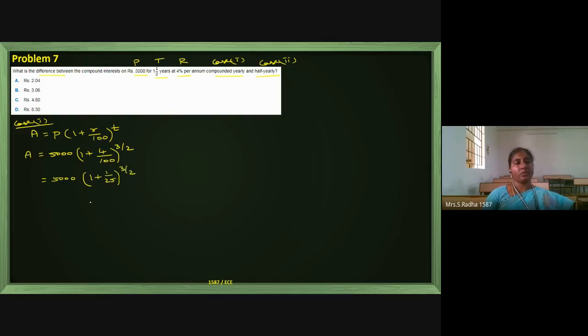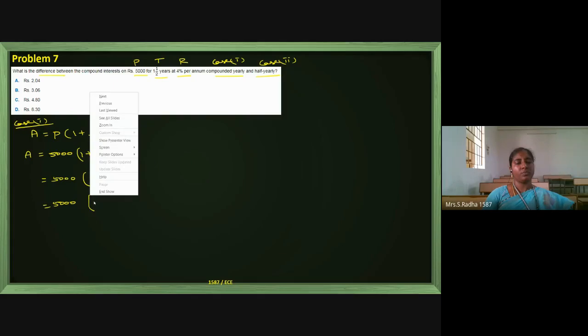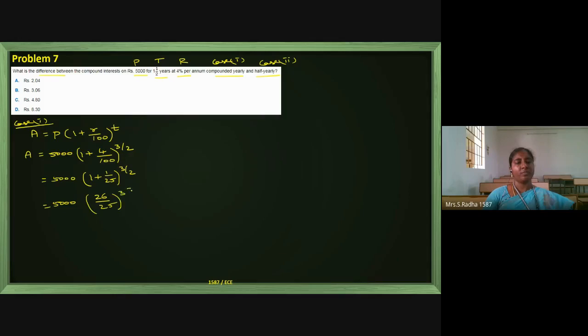So what I will do here is 5,000 into (26 by 25) whole power 3 into 1 by 2, which can be written as the square root of 26 by 25 three times.